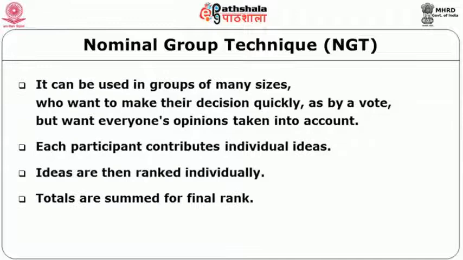It can be used in groups of many sizes who want to make their decisions quickly, as it can be done by way of vote, or everyone may provide their opinion by mailing also. So basically the opinions of all the members are asked, then the ideas that come from the members are ranked, and then those ranks are totaled up.